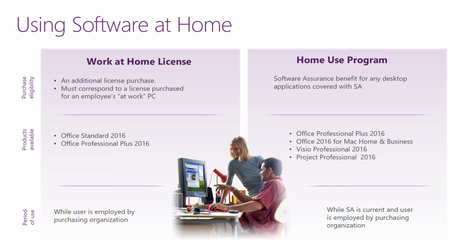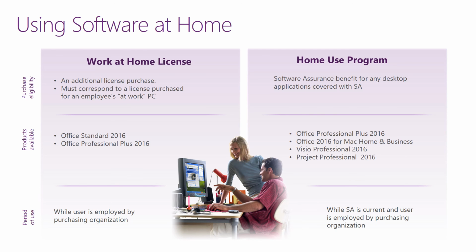The other alternative is for customers who have software assurance on their desktop application licences. If they have, say, Office Professional Plus 2016 with SA, then they can buy a Home Use Programme version of Office Professional Plus 2016 for the user to use on a device at home.